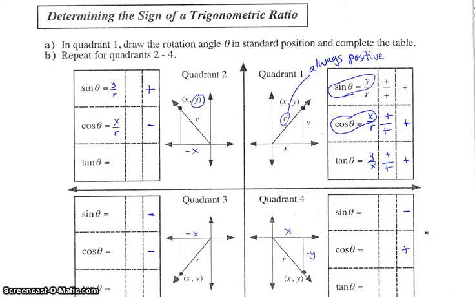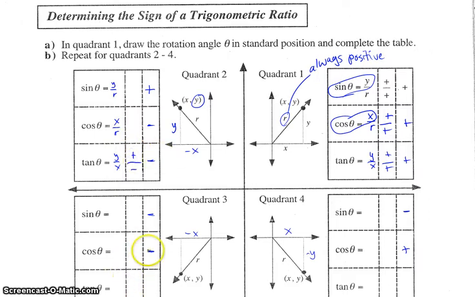Let's talk about tan. So tan uses a combination of y over x. So in quadrant 2, y is positive because we went up, and x is negative. So y over x is going to end up being negative, right? Negative y over positive x, or sorry, I got that the wrong way around. Positive y over negative x will give you negative tan theta.